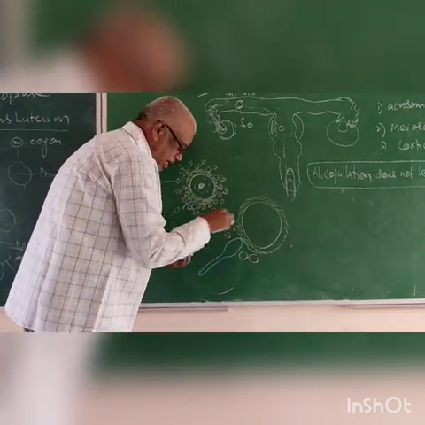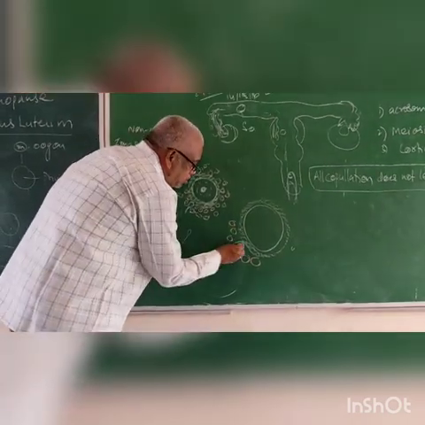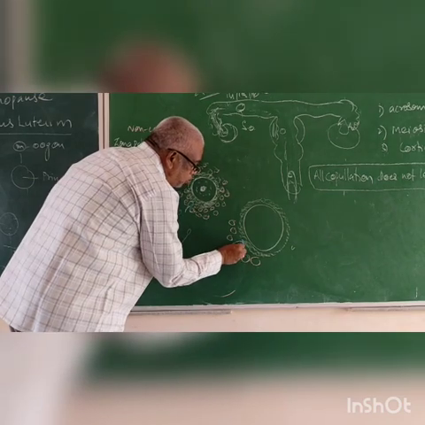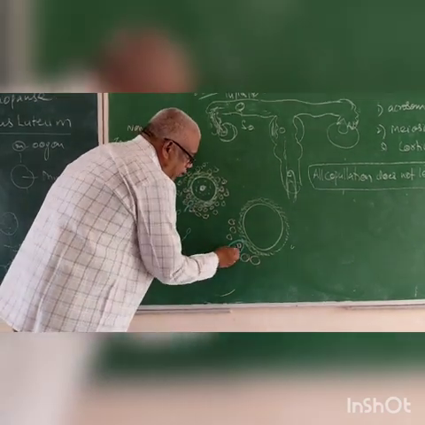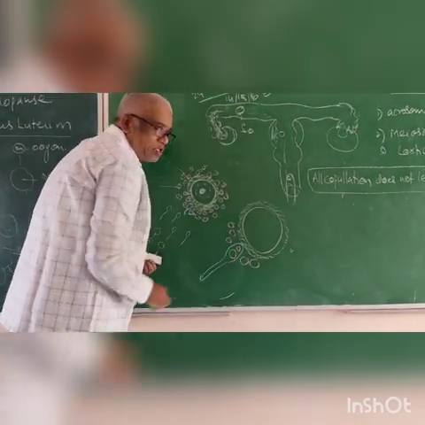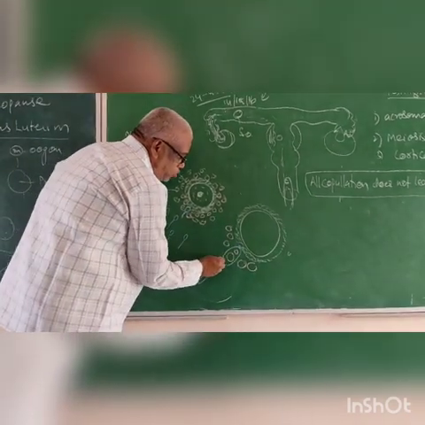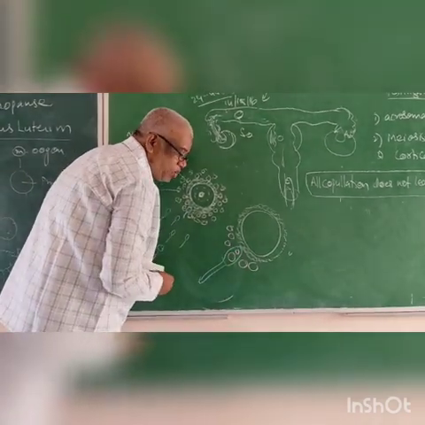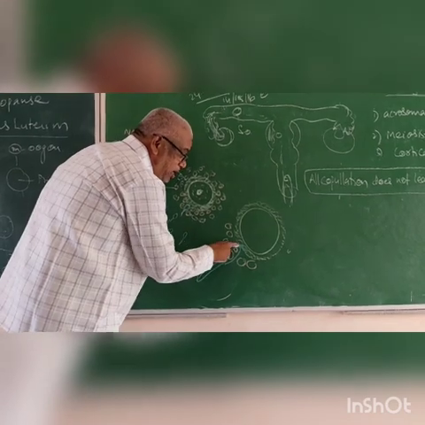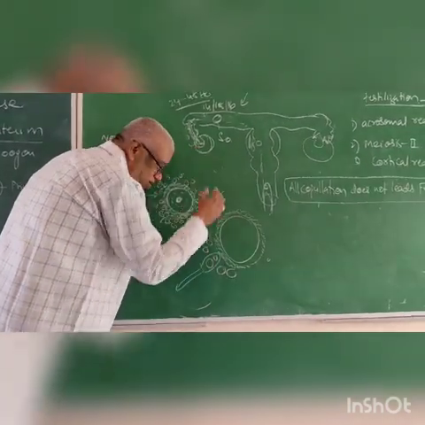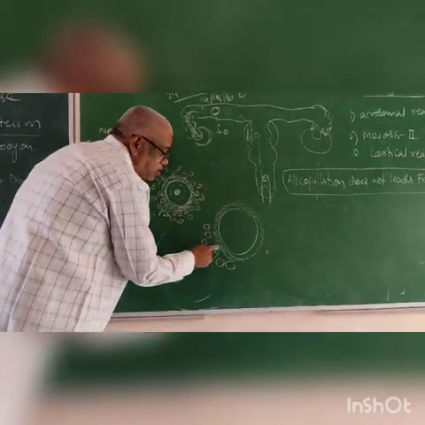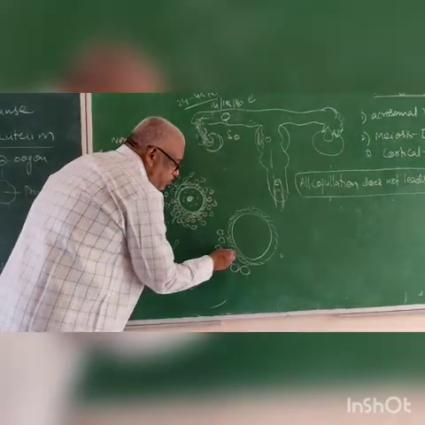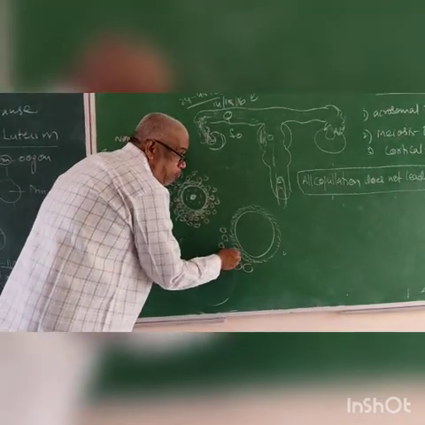Now what is this? Acrosome. Now what is this? Nucleus. Now which part? Head. Among the head, the tip of the head. What is this? Plasma membrane. This is the plasma membrane at the tip of the head.